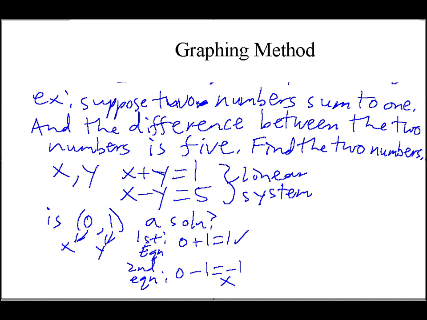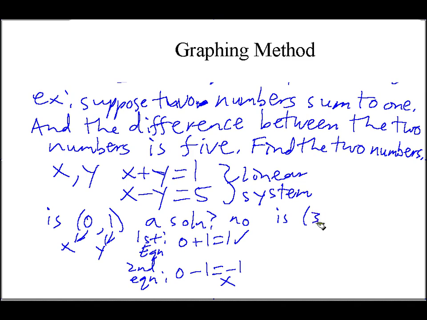That's no good, because I want the difference to be 5. So while this ordered pair satisfies the first equation, it does not satisfy the second equation, which means this is not a solution. To be a solution, you have to satisfy both equations.